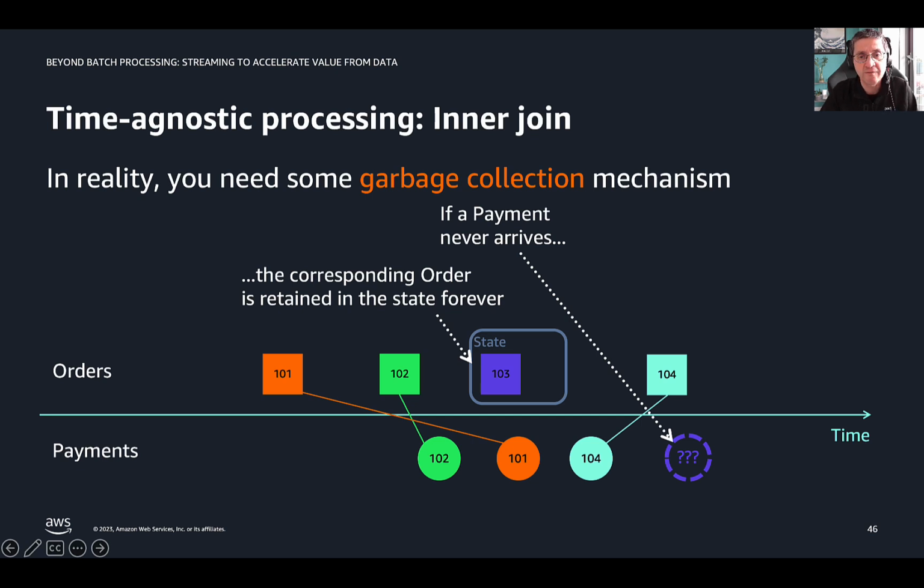Otherwise, we may eventually run out of memory or disk space. And a garbage collector is often based on a simple timeout. So an unmatched element will be dropped after some time. That may be long, but it's finite. And expired events do not need to be lost, do not need to be ditched. They can be sent to a special output, to raise an alarm, or for some special handling.